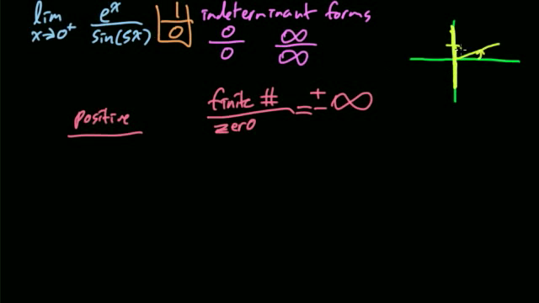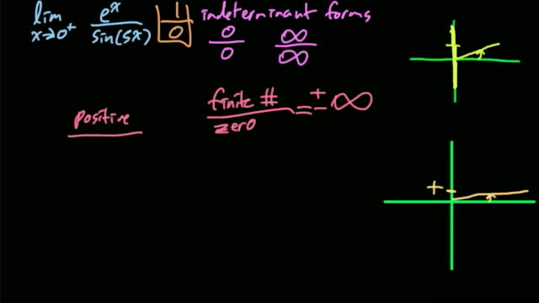If we had a really small positive angle, something like this, this is our y value, and that's still going to be positive.